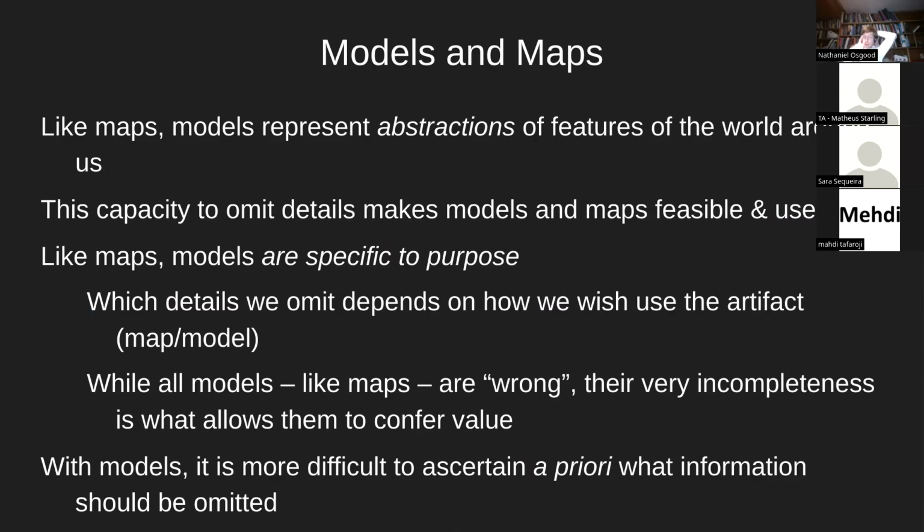But here's the point, and this is, again, where it goes deeper than surface and superficial. Like maps, models are specific to a purpose. So you're going to use a different map if you're trying to decide how to take a bus across your city, or if you want to walk across your city, or if you want to drive across your city.